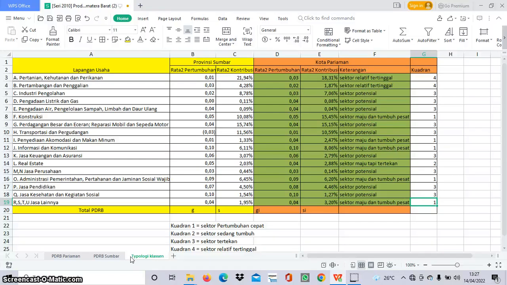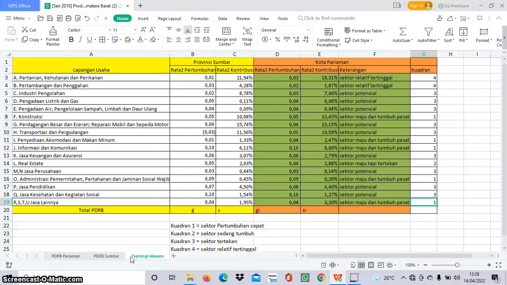With the following information, Klassen typology with a sectoral approach can be expanded not only at the sector level but also in the subsector, business or commodities produced for sector. Classification with different characteristics as follows.